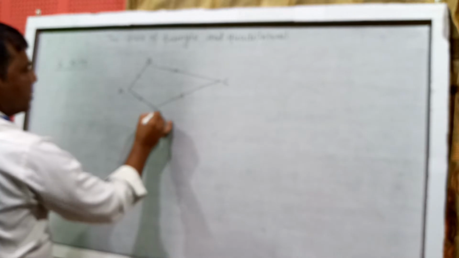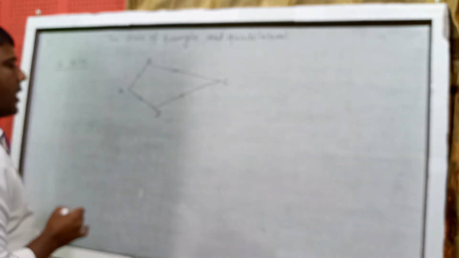This is a kite ABCD. Its adjacent sides are equal: this side and this side are equal, and this side and this side are equal. BC equals DC and AB equals AD.